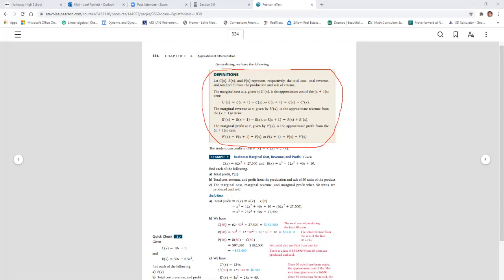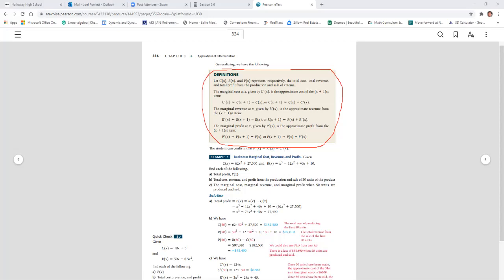The marginal revenue at x, given by R prime of x, is the approximate revenue from the x plus first item. The derivative, R prime of x, is approximately equal to R of x plus 1 minus R of x, or R of x plus 1 is approximately equal to R of x plus R prime of x.